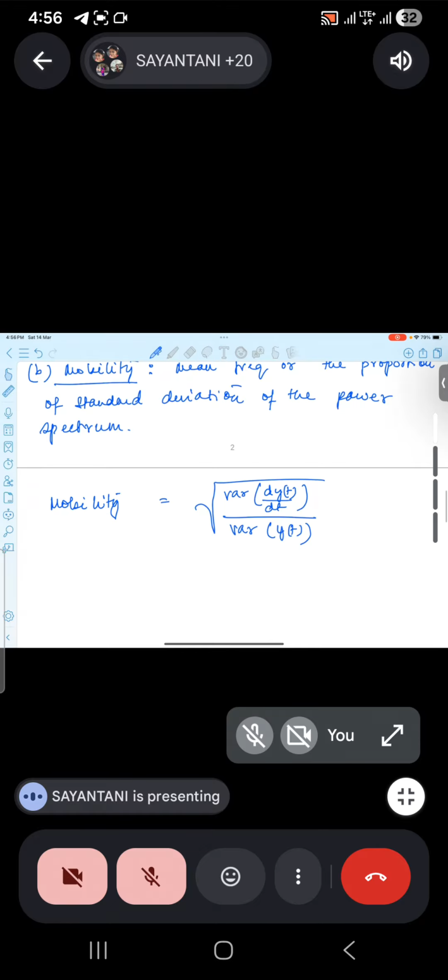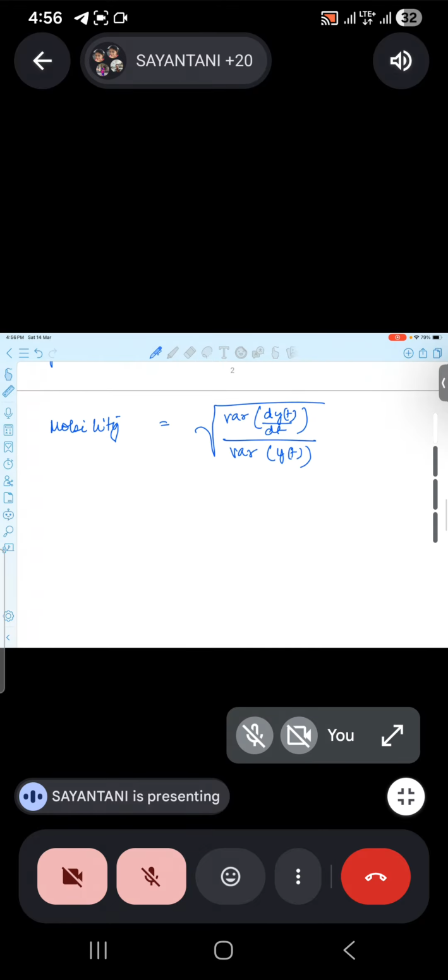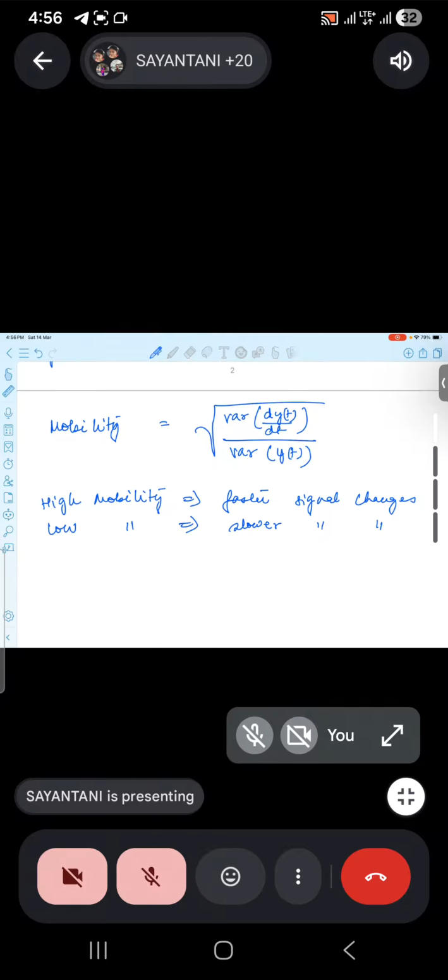Okay, so once I've applied mobility, if my value of mobility is high, it indicates faster signal changes, and if the value of the mobility is low, that means I can see slower signal changes. This is the main concept.